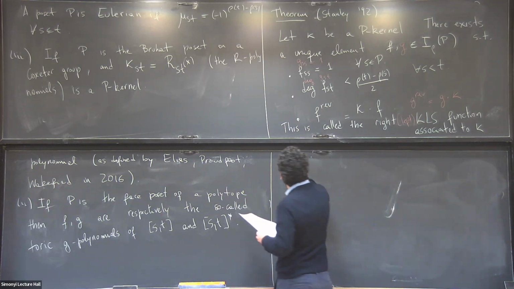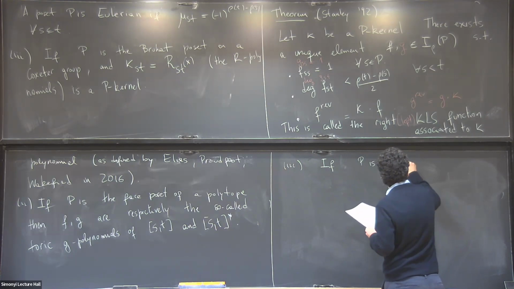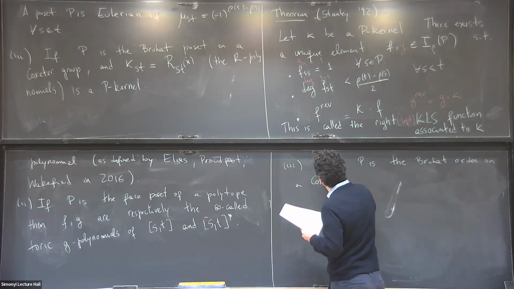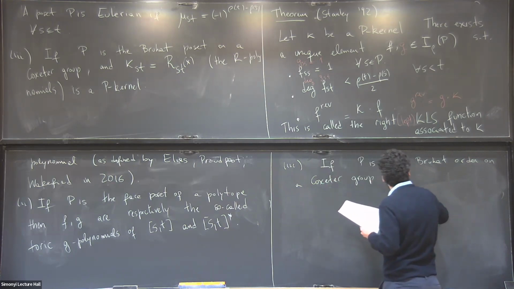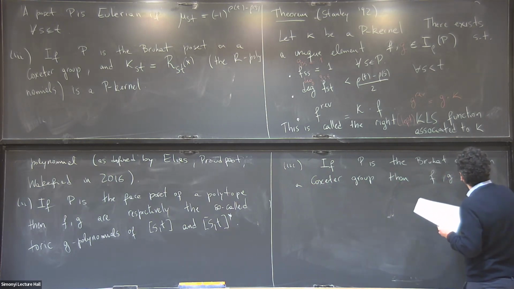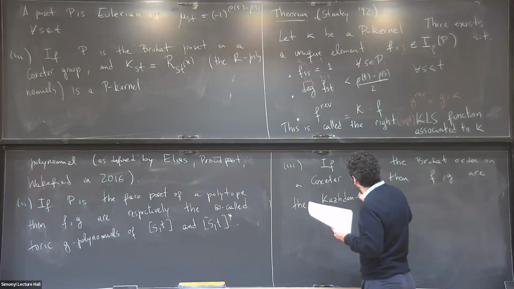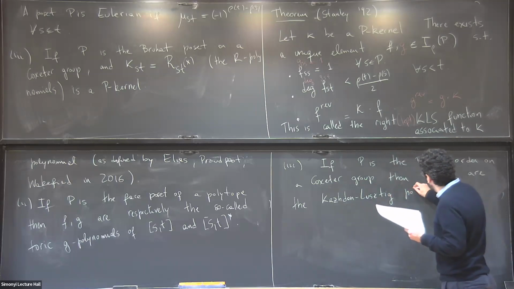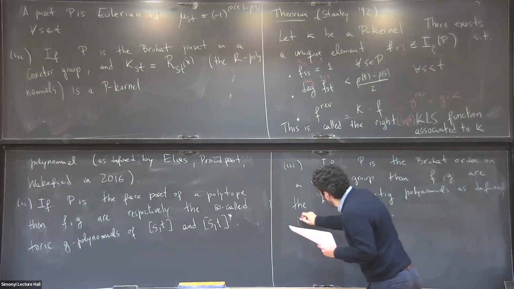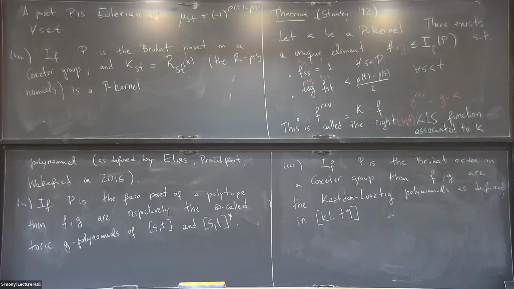Now, the third example: if P is the Bruhat order on a Coxeter group, then F and G are the Kazhdan Lusztig polynomials as defined in the original paper by Kazhdan and Lusztig in 1979.